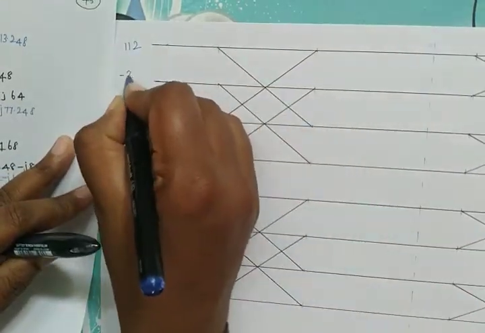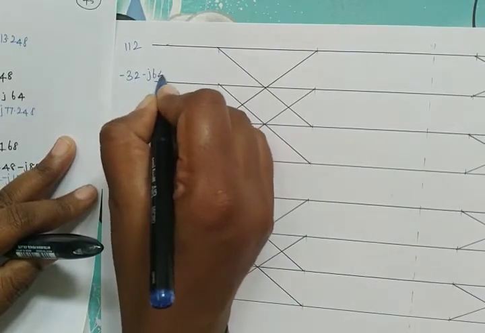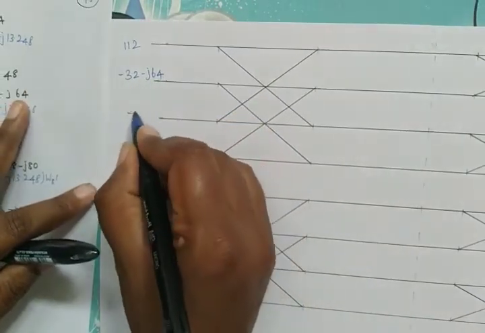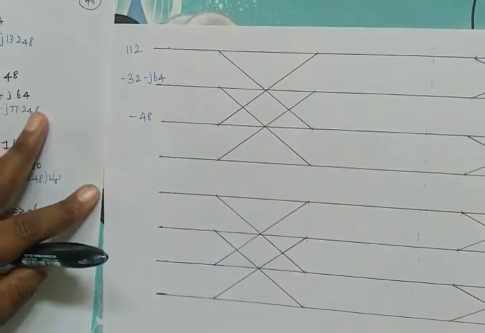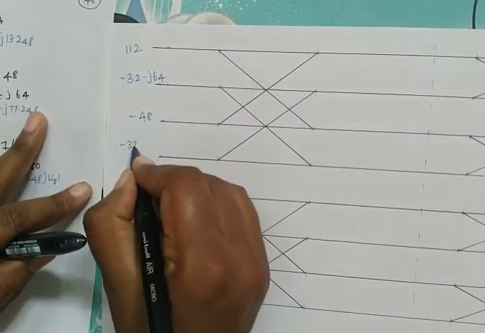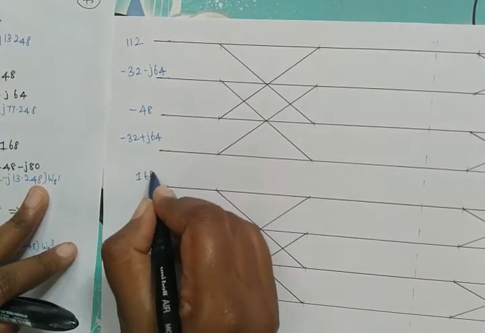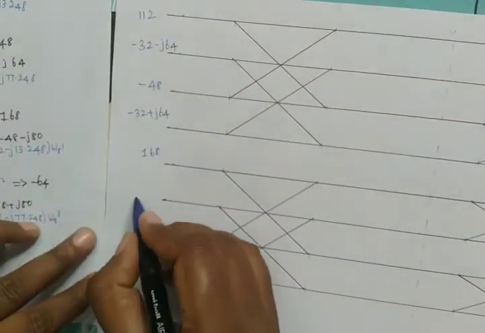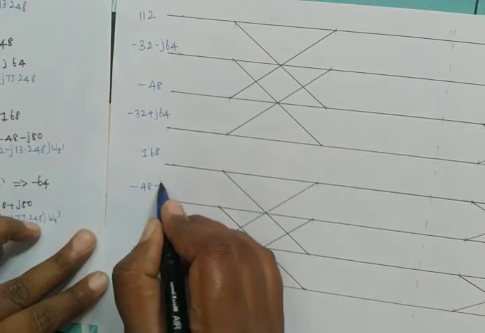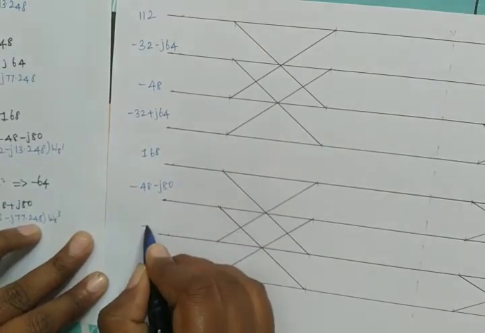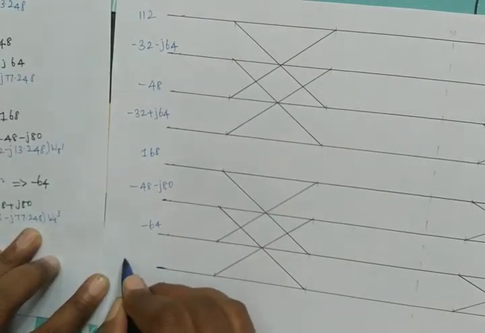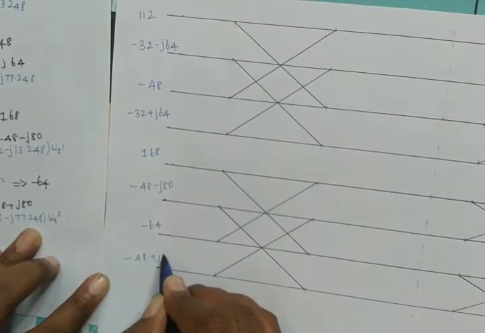Here it is minus 32 minus j 64. And here it is minus 48. Here it is minus 32 plus j 64. Here it is 168. Then the next one is minus 48 minus j 80. Here minus 64. And here it is minus 48 plus j 80.